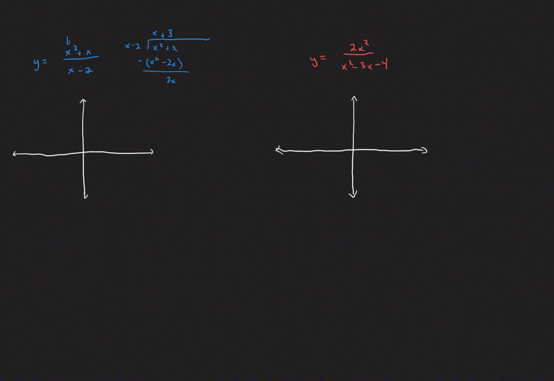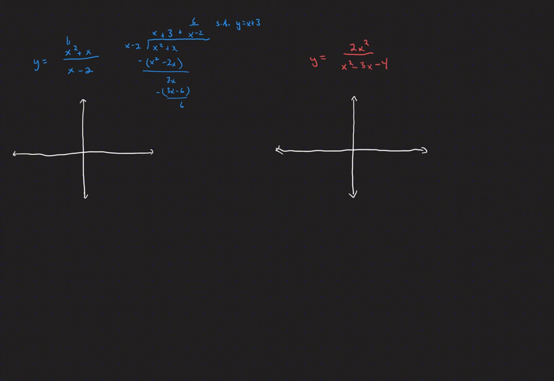We'll go plus 3, so that's going to be 3x minus 6. We'll subtract that. 0 minus the negative 6 is a positive 6. And so we're going to see that as x gets huge, the 6 over x minus 2 gets insignificant. So we're going to have a slant asymptote of y equals x plus 3.